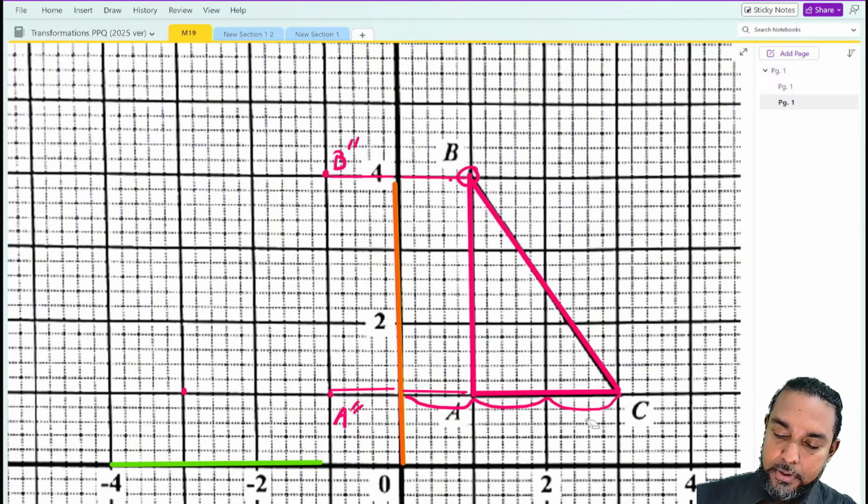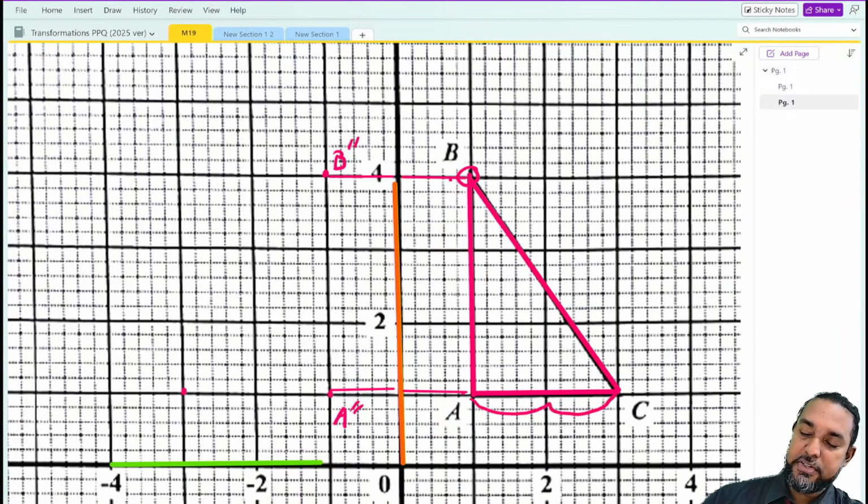So if something was going on with C, how far is C away from A? 2 units. So if you reflect A, we just have to go 2 units to get to C. And if you reflected A but somehow couldn't reflect B, we just go 3 straight units up to get from A to B. So we could do the same thing here as well.